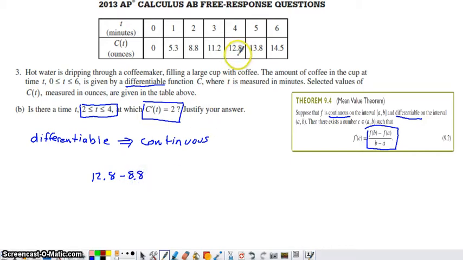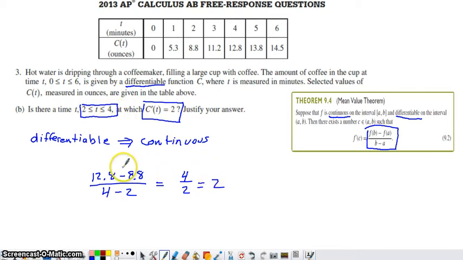I said f of 2 and f of 4, it's really C of 4, right? C of 4 is 12.8, C of 2 is 8.8, and then that's going to be over 4 minus 2. If you simplify, 12.8 minus 8.8 gives you a 4. In the denominator you're looking at a 2. The average rate of change of C on the interval from 2 to 4 is 2.